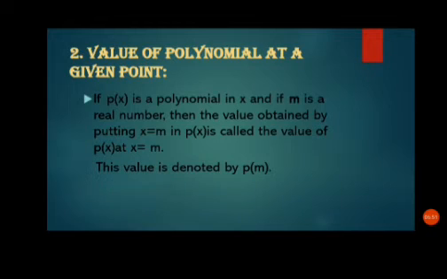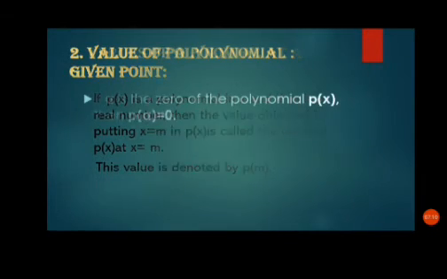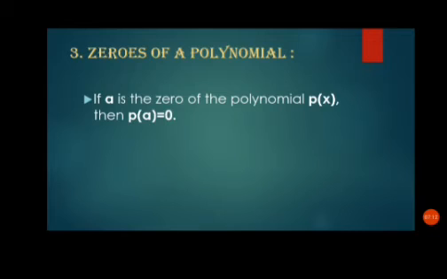If p(x) is a polynomial in x and if m is a real number, then the value obtained by putting x equals m in p(x) is called the value of p(x) at x equals m. This value is denoted by p(m). Moving forward to our next topic, zeros of a polynomial.